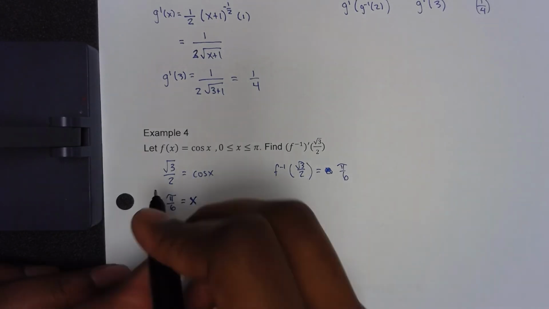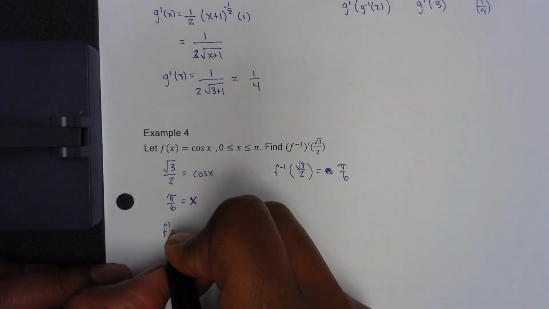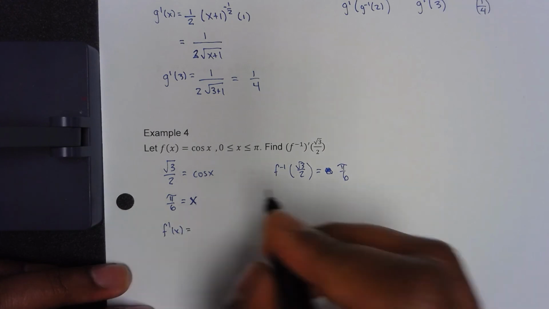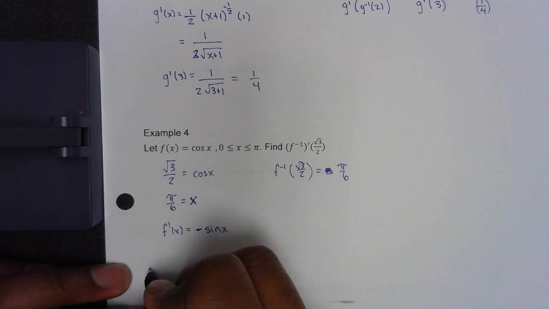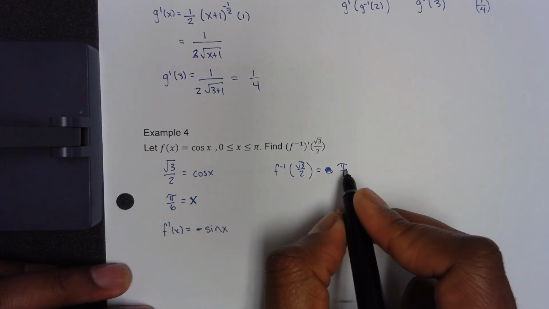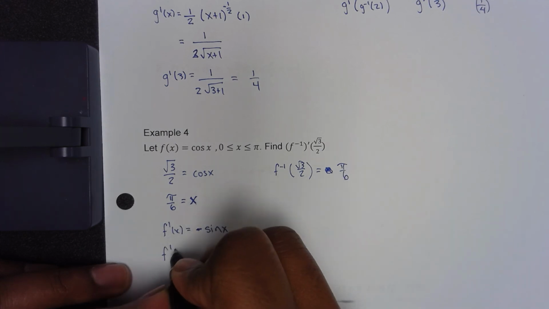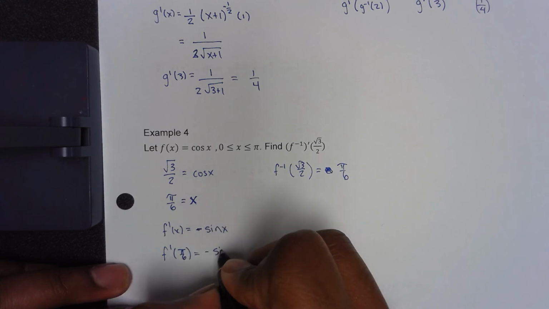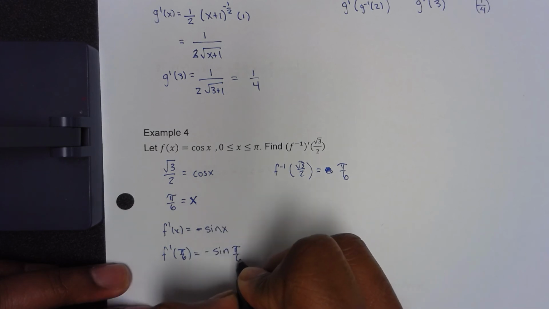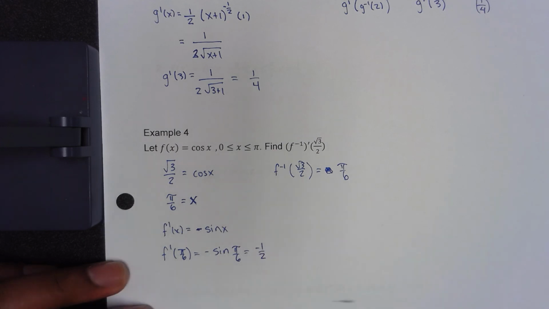So if we find the derivative, we get f prime of x equals negative sine x. And I guess we can go on and plug in pi over 6. So f prime of pi over 6 is negative sine pi over 6, which is negative 1/2.